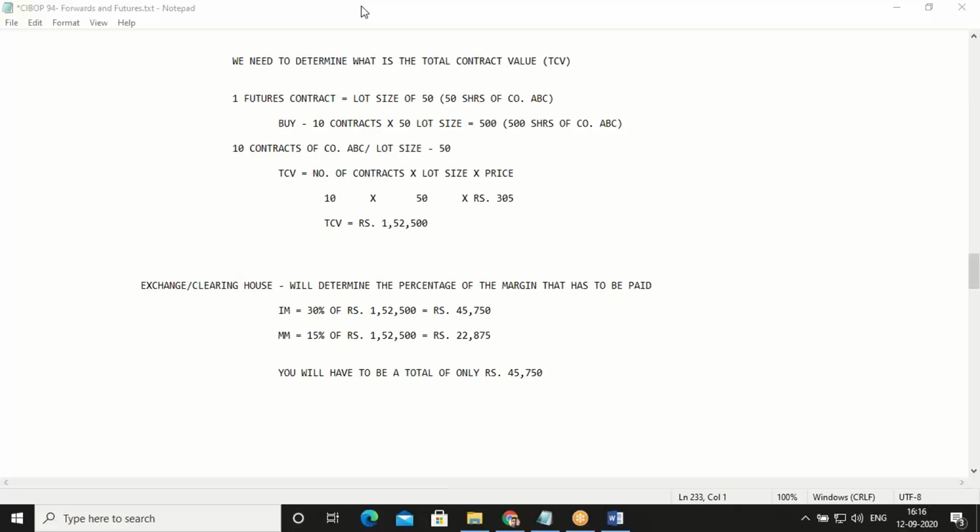So that is why you cannot exit a contract in the OTC market, but in the futures or exchange market, you can exit because you have millions of people trading, and you will always find a counterparty to the trade. So the basic fundamental difference between forwards and future contracts is this: one is traded over the counter market and another is traded over the exchange. Exactly.